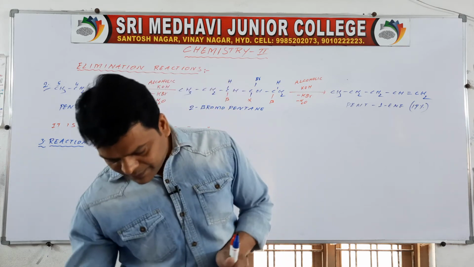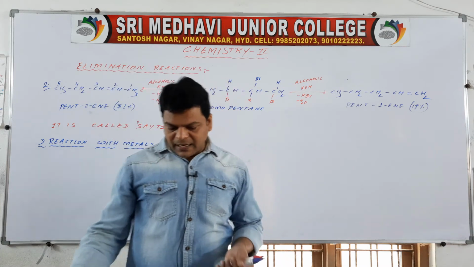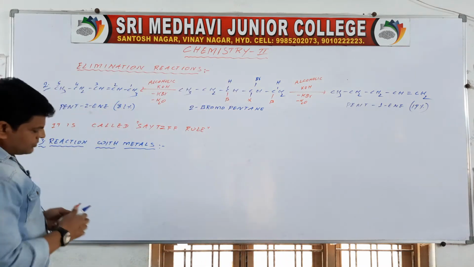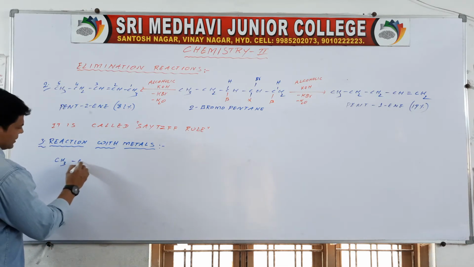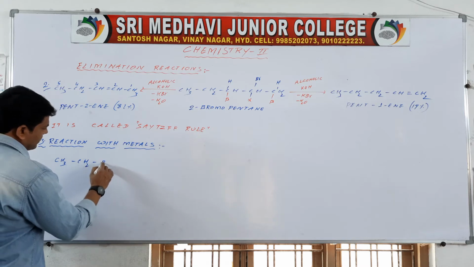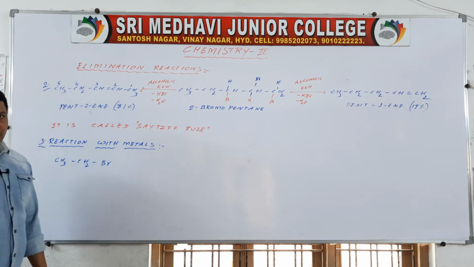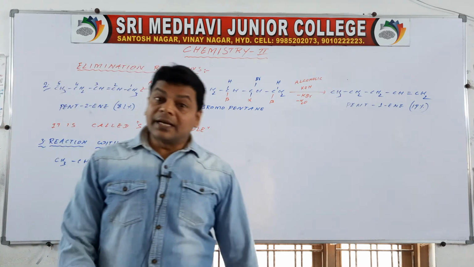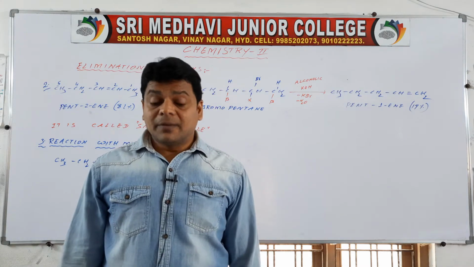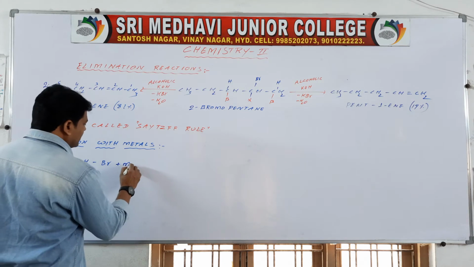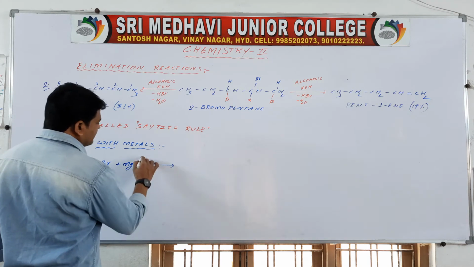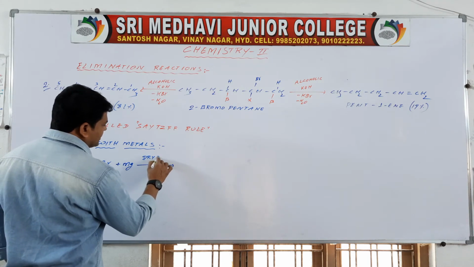See here, I am taking an alkyl halide like CH3CH2Br, ethyl bromide. I am adding magnesium metal in the presence of dry ether.